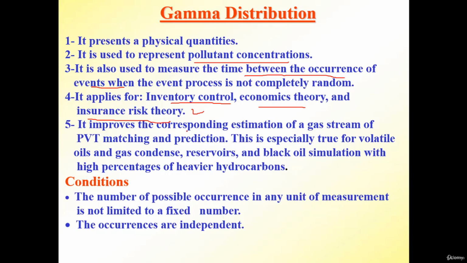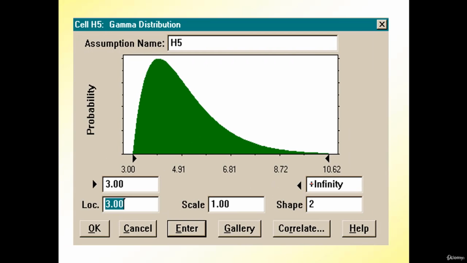It also improves the corresponding estimation of the gas stream for PVT, pressure volume temperature matching prediction, for volatile oil and gas condensate reservoirs, and black oil simulation with a high percentage of heavier hydrocarbons. So it is also used in PVT, represented by gamma distributions. In the density function, location, scale, and shape should also be defined.